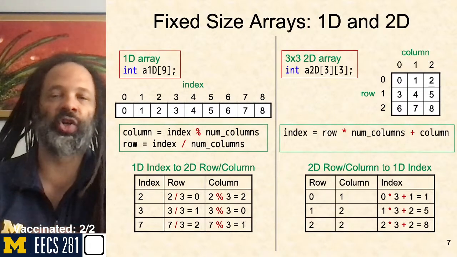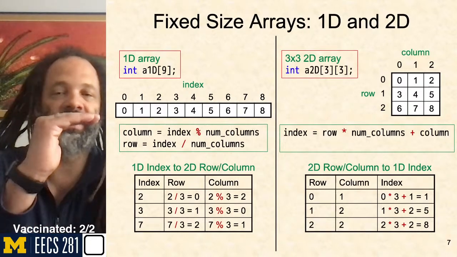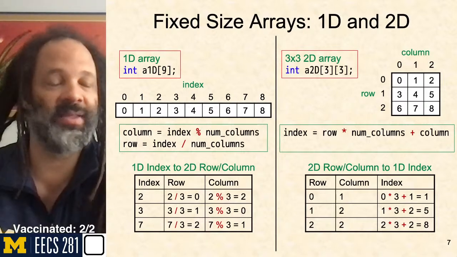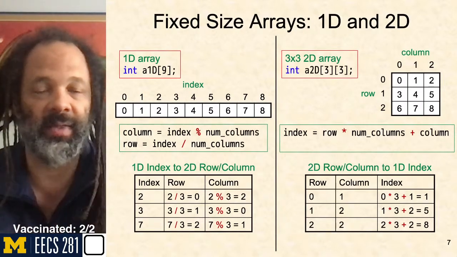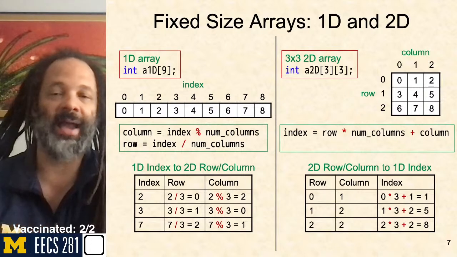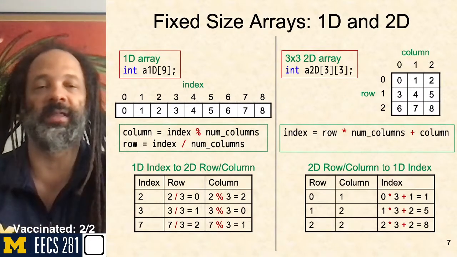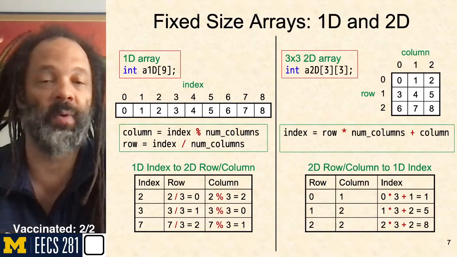So as it's shown on the slide, there's this row of things here in my 1D and the square of things in my 2D. But in reality, they're all in memory, just one right after the other. So what we're seeing on the slide is the logical version of these 2 arrays versus the physical version, which is identical for both of them.